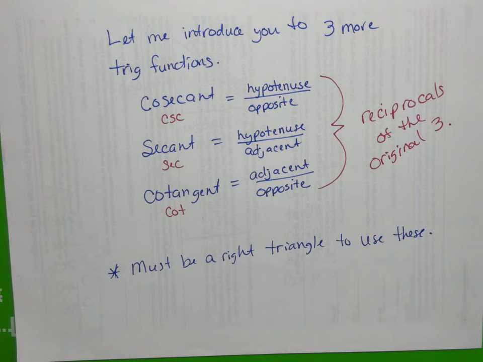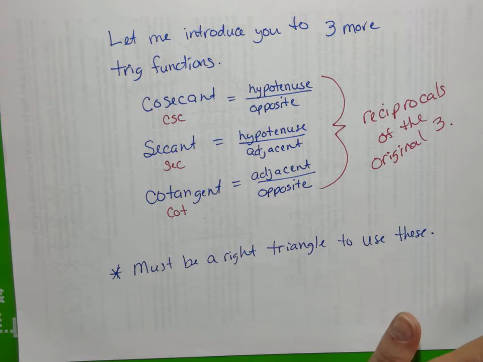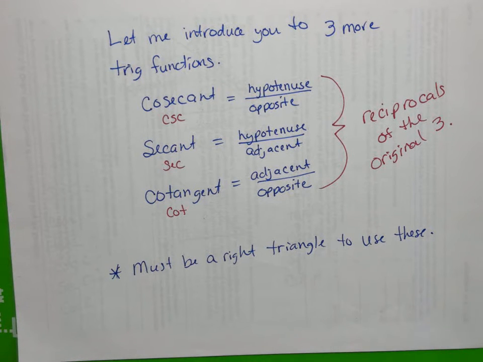Okay, now remember, we always have to have a right triangle to be able to do this. So notice, cosecant is the hypotenuse over the opposite, the secant is the hypotenuse over the adjacent, and the cotangent is the adjacent over the opposite.